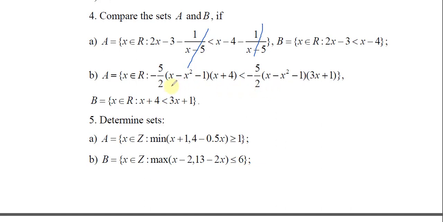Here again, by the same way, we can compare. Try to do it yourself. You need to open these brackets and compare these two sets then.